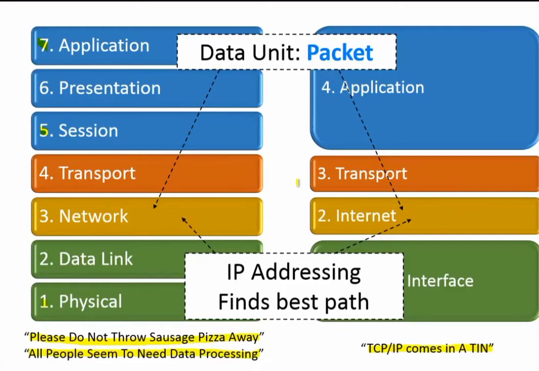We will learn about IP addressing in the next video, day 3, but just know that this is where the IP address is added. It also finds the best path. When I say best path, it compares the IP addresses and checks if the destination IP address is in the local subnet. If it is not on the local subnet, it will find the best path to go to the destination.